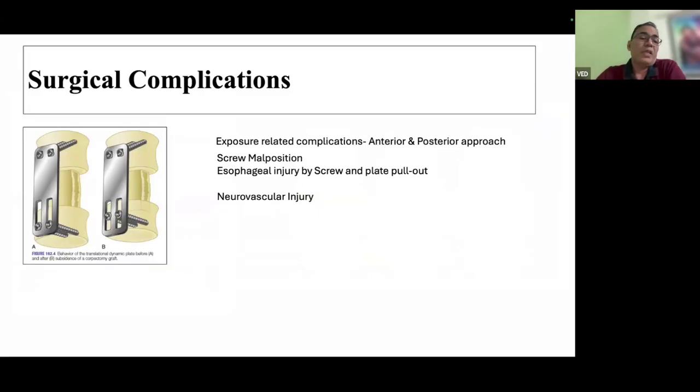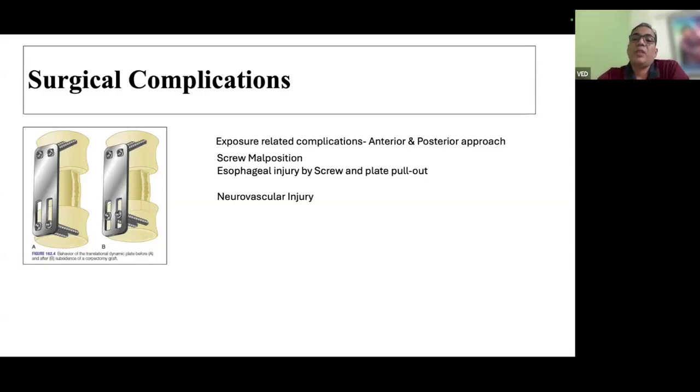So what about the complications? Complications can be implant or bone graft subsidence. Once the graft subsides, there will be significant dislodgement and disparity between the plate and the screw. Exposure-related complications: in anterior exposure, there can be injury to the recurrent nerve, and if not operated carefully, we can damage the esophagus during exposure.